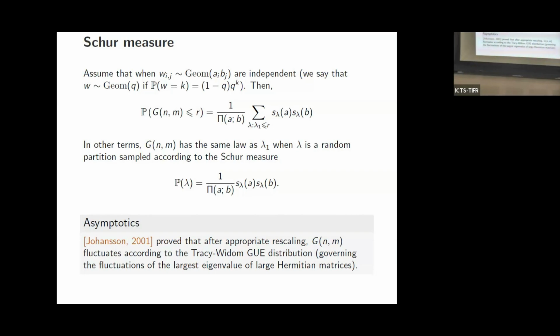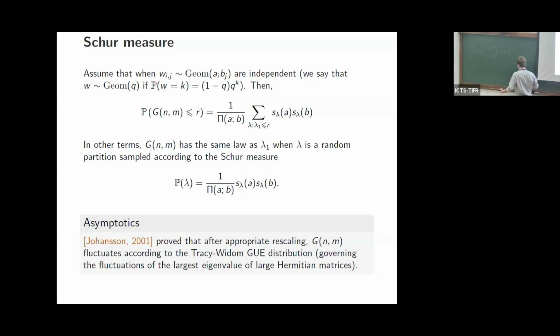And then I have the a_i b_j to the power W_ij times some normalization factor. So these terms are exactly the monomials that were appearing in my monomial expansion of the right-hand side of my Cauchy identity.